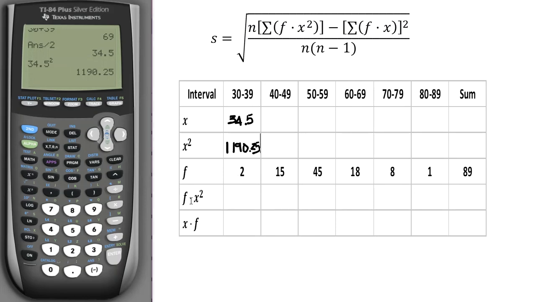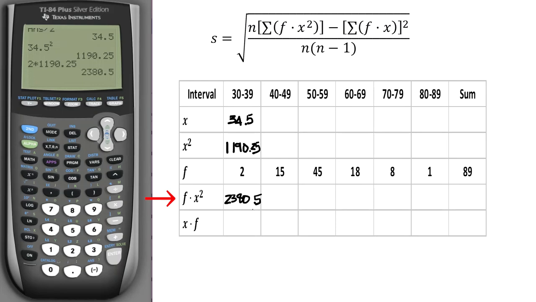Next, I'm going to do F times X squared. So 2 times 1190.25 is going to give me 2380.50.